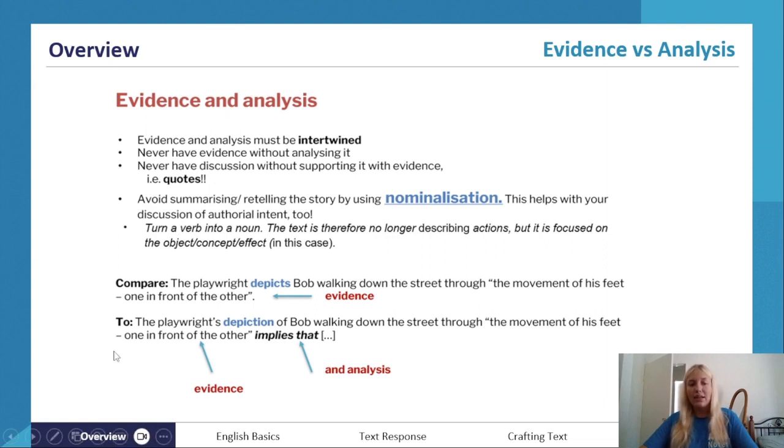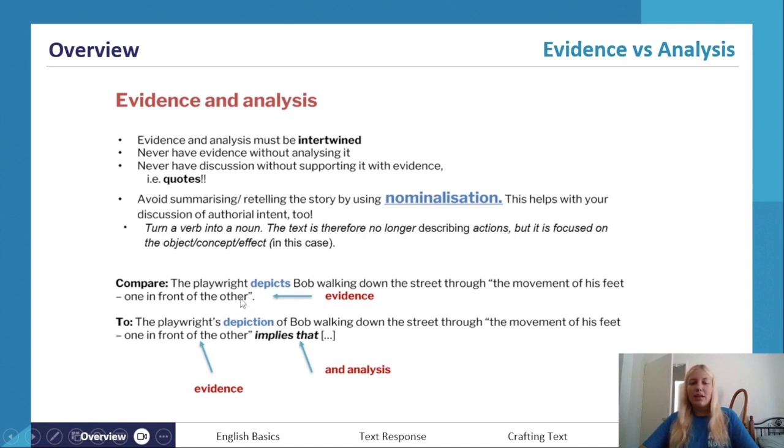Now, looking at the second example, we've taken this verb, depicts. This sentence only had evidence, and we've nominalized it to create a noun phrase and put it at the head of the sentence. Instead, saying the playwright's depiction of Bob walking down the street through the movement of his feet, one in front of the other.